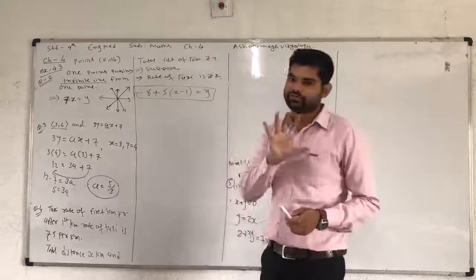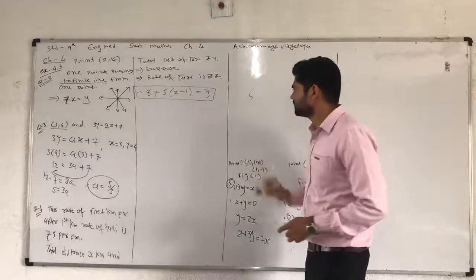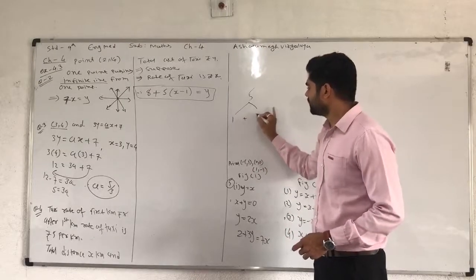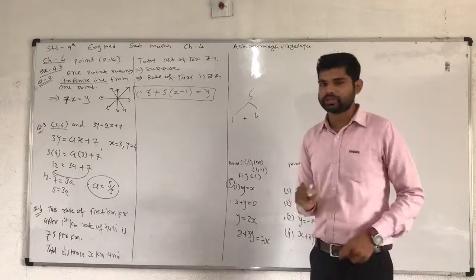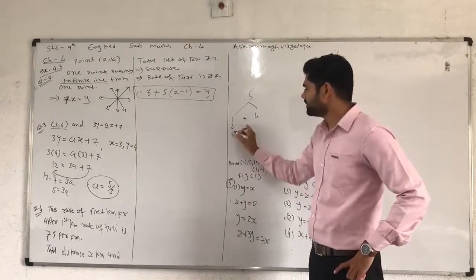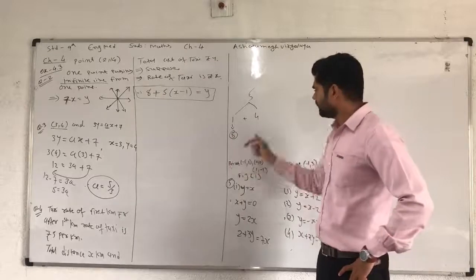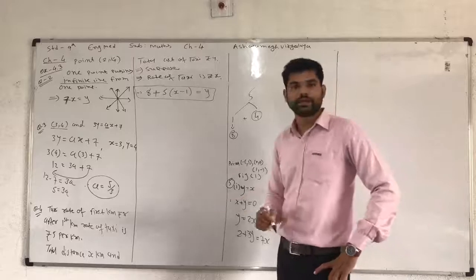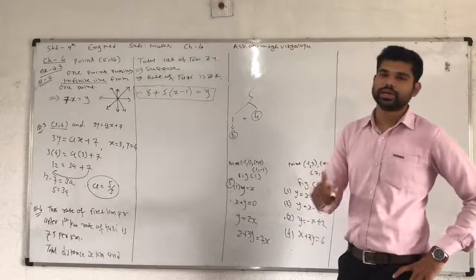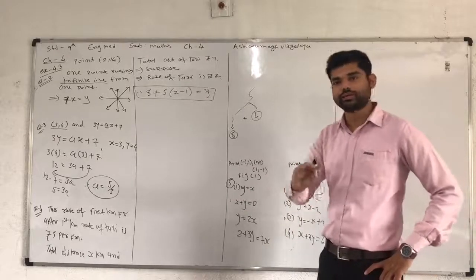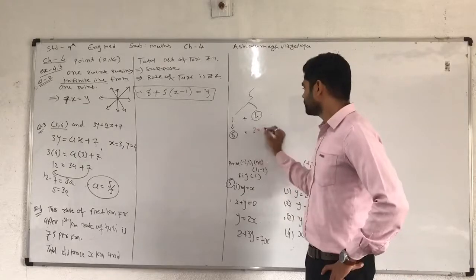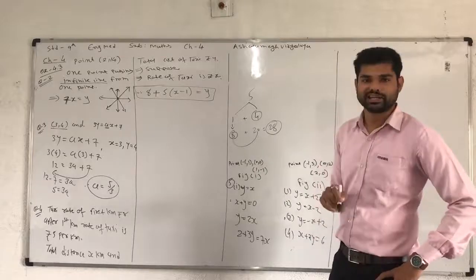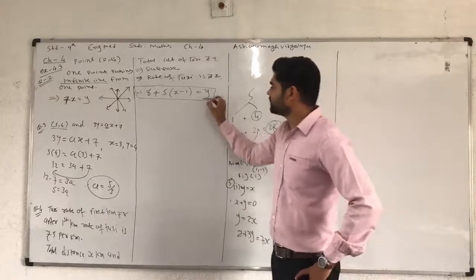It means of the total 5 kilometers, 5 can be divided into the first kilometer plus the remaining 4 kilometers. So for the first kilometer you pay 8 rupees, and for the 4 kilometers you pay rupees 5 per kilometer. So 4 kilometers, 5 into 4, 20. Therefore the total amount to be given is equal to 28. So 28 is our answer. It means y is 28.